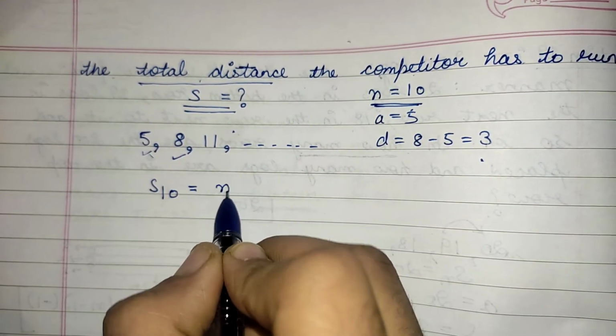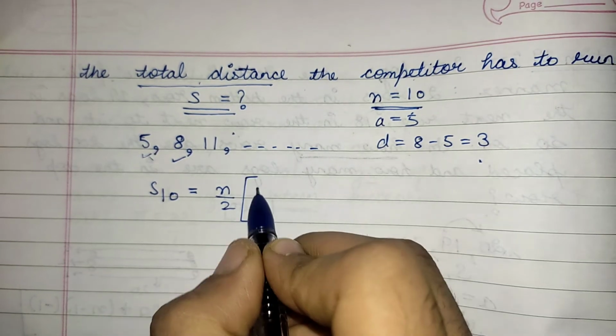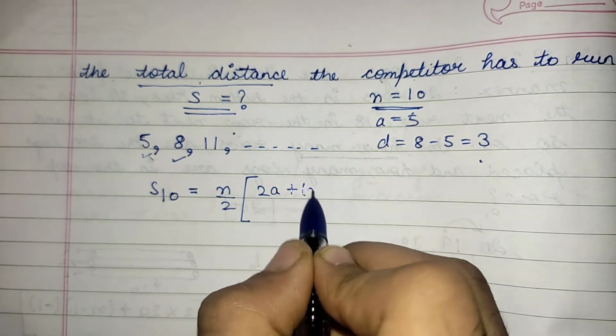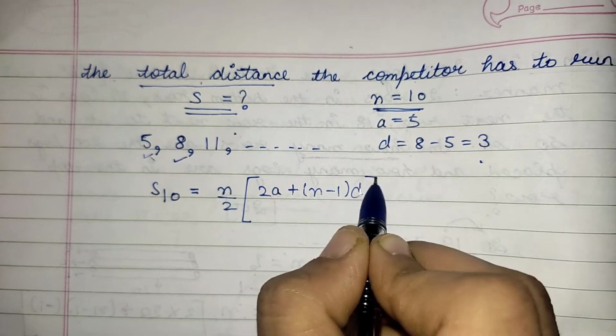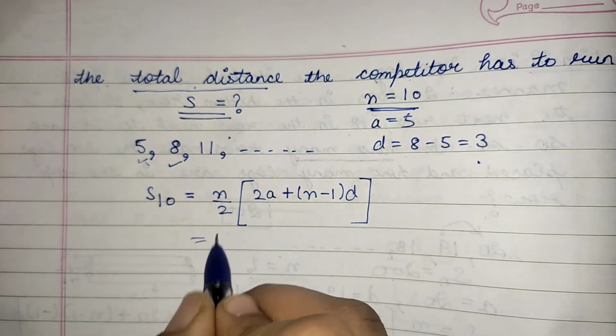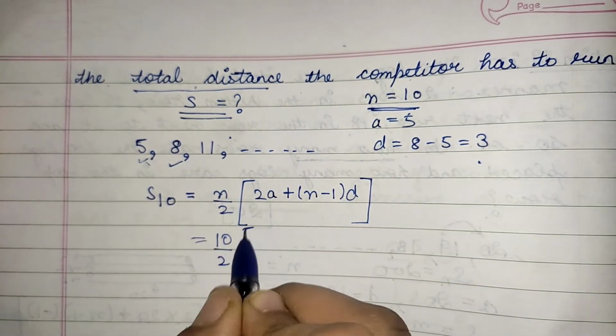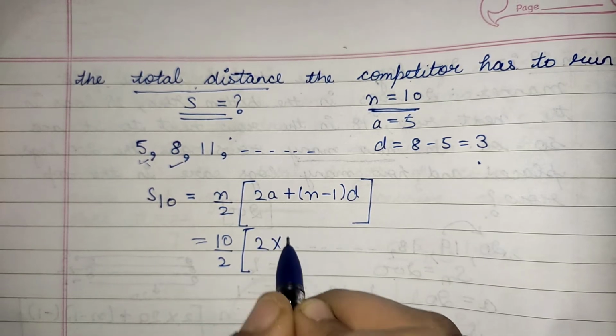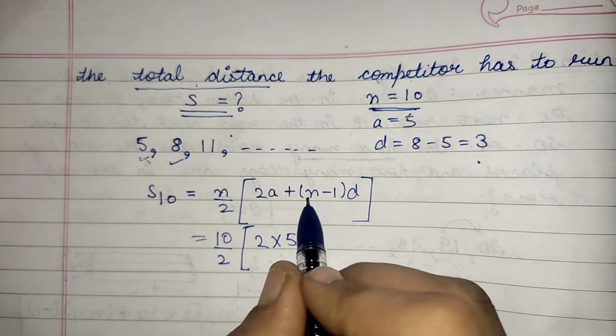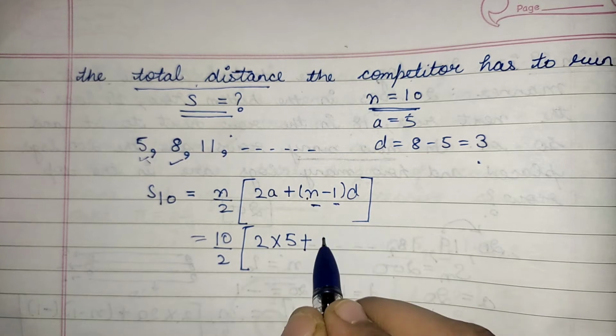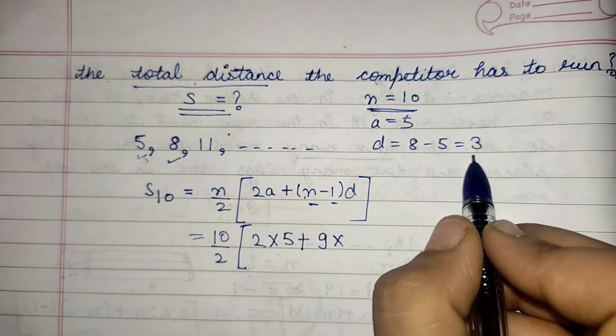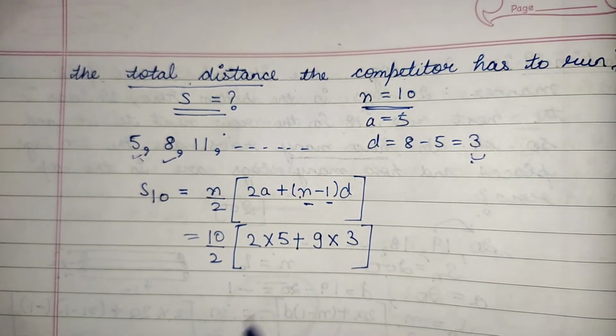So it becomes very simple for us to find the value of the sum S, which is given by n by 2 into 2a plus n minus 1 into d. So n is 10. It will be 10 by 2 into 2a, a is 5, plus 10 minus 1, which is 9, into 3.